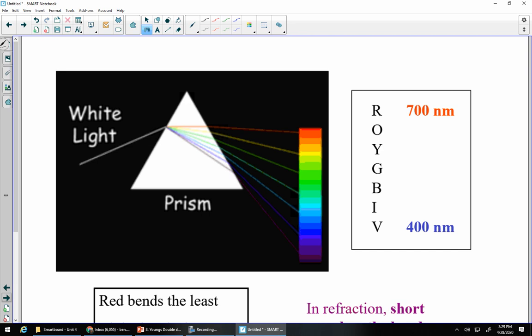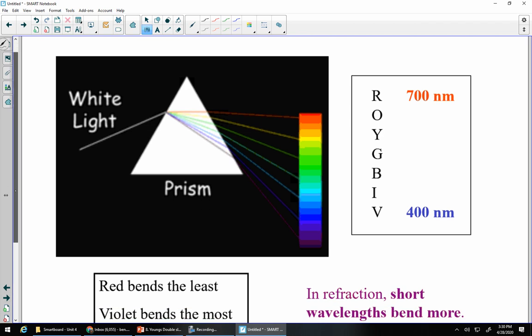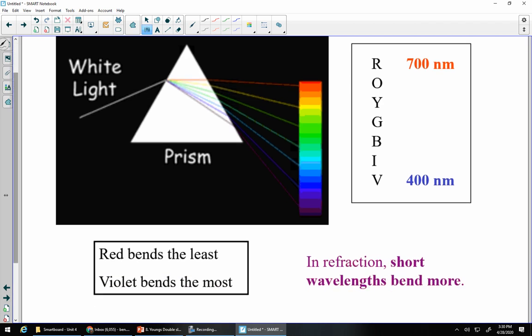Violet or shorter wavelengths bend the most, and longer wavelengths like red bend the least. And if they're bending at different rates, that's going to separate them into their individual components. So the important thing to remember, when we're talking refraction, the short wavelengths bend more.